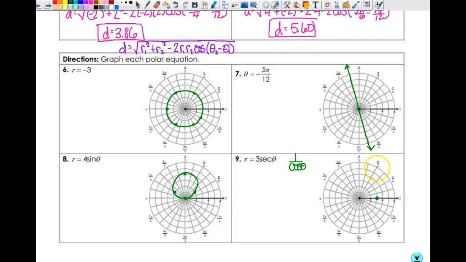So at pi thirds, I'm at 6. Then I can go to 2 pi thirds. The cosine of 2 pi thirds is negative 1/2. The reciprocal of that is negative 2, times 3 is negative 6. So my radius is negative 6, and I'm over here. And then I get those 3 points. That gives me a vertical line. And there are your easy graphs.